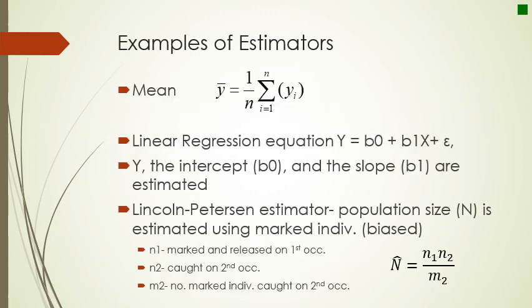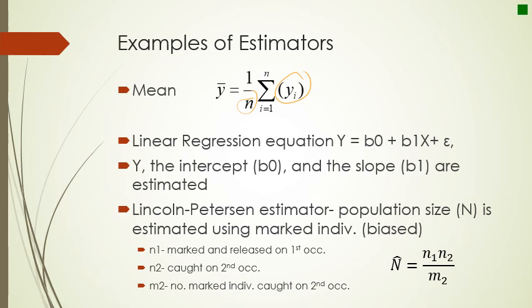And finally, just some examples of estimators. We all know about the mean, right? Where you take the actual observations that you've collected, those are your y sub i's, sum all those up, and then divide by little n, where little n is the total number of units in your sample. Nice unbiased estimator when your units are collected randomly.